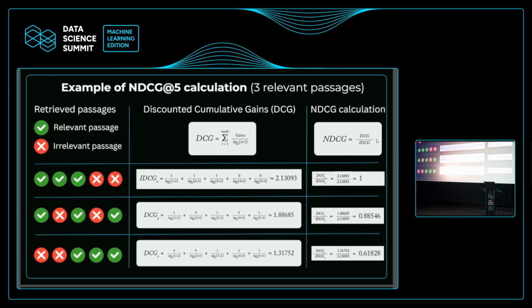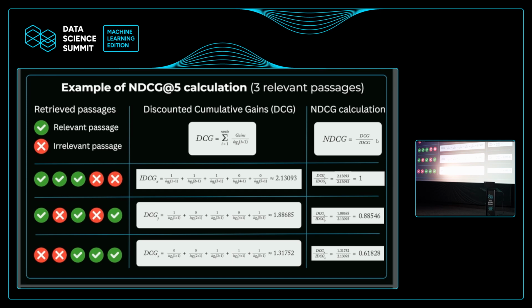First we calculate the discounted cumulative gains. This is just a series of fractions, with the numerator being 1 if we have a relevant passage at this place, being 0 if we don't, and the denominator getting lower and lower with each place that we go on to.